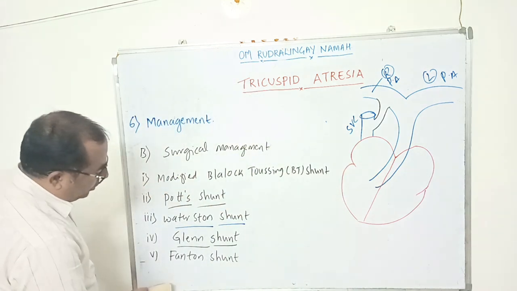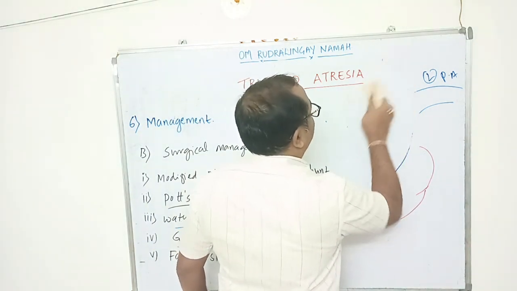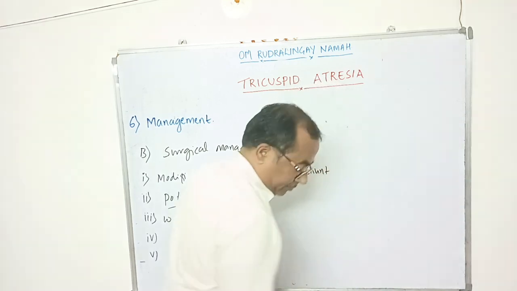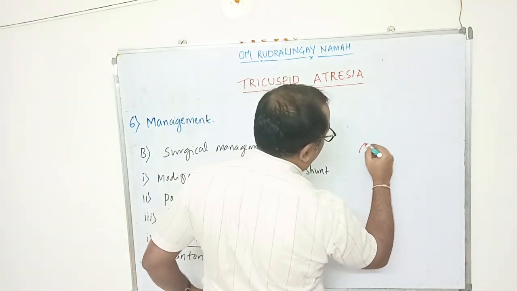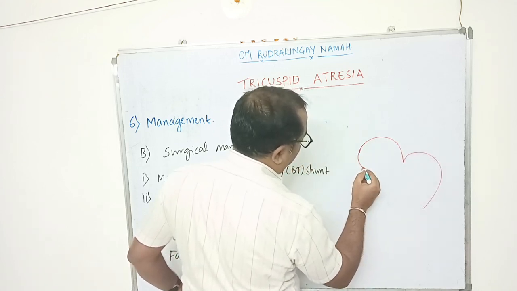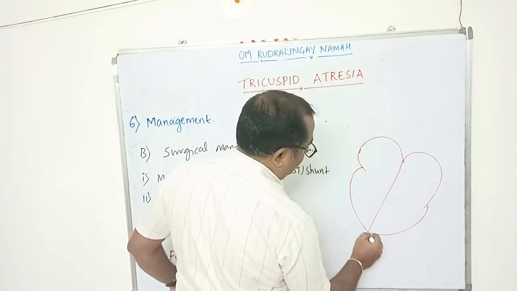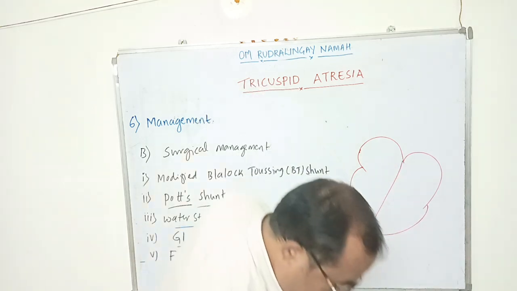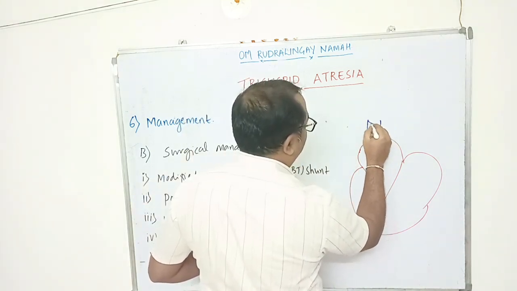Next one is Fontan shunting. So what do you do in Fontan shunting? This is the superior vena cava.